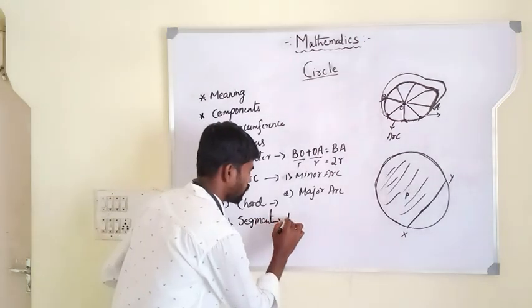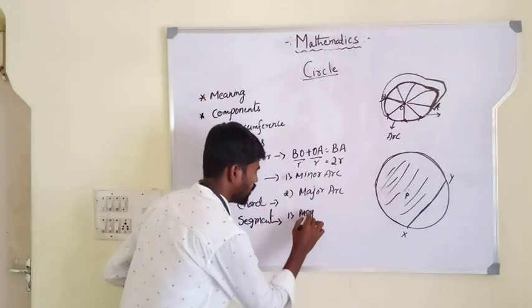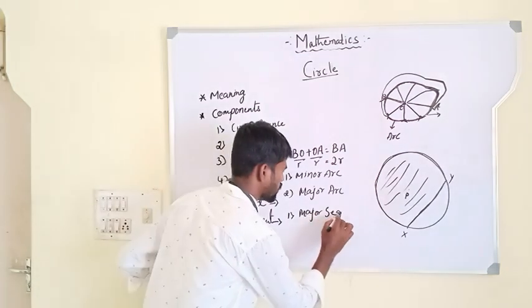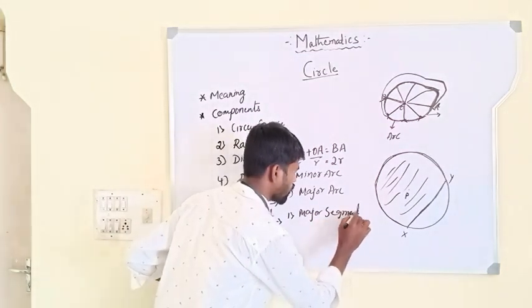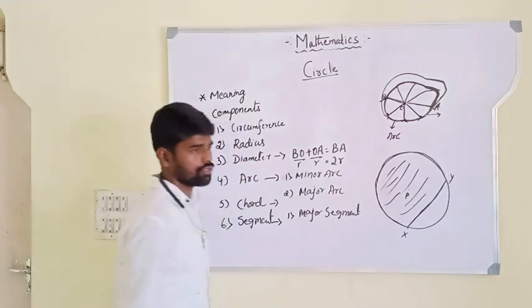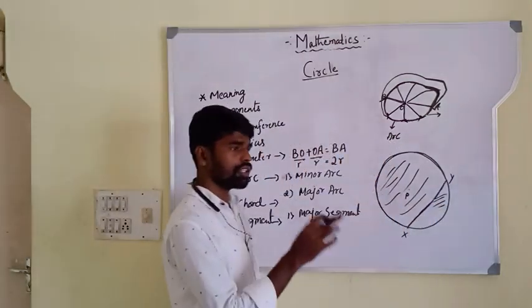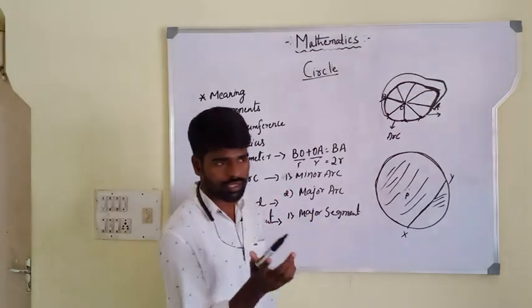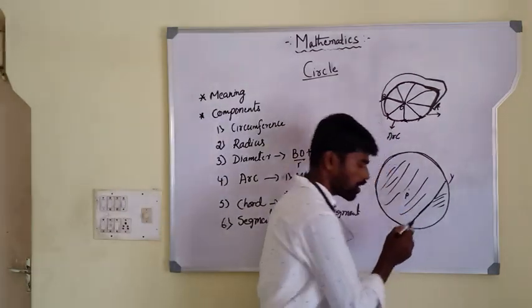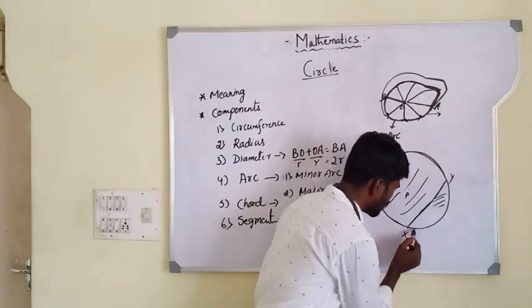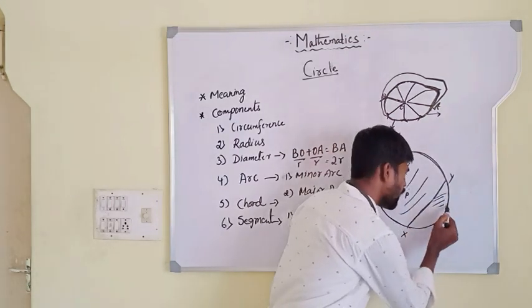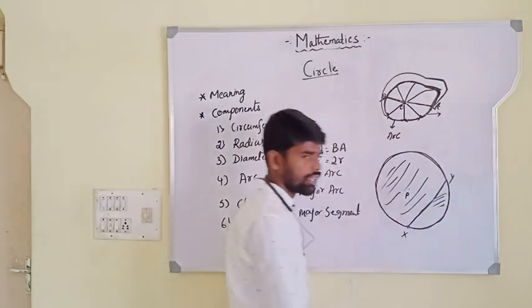So in that, the first one is the major segment. And below also some region is there. That below region is also bounded by two parts of the circle. One is the chord and another one is the minor arc of the circle.